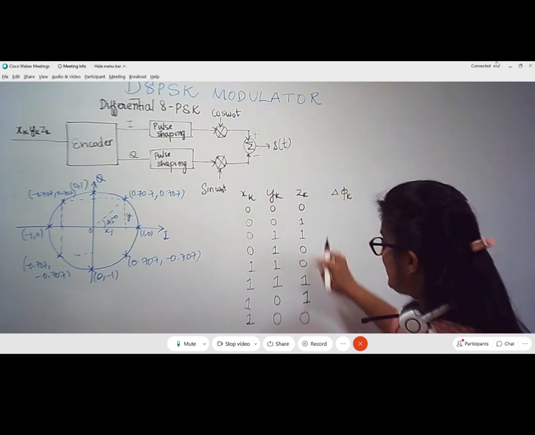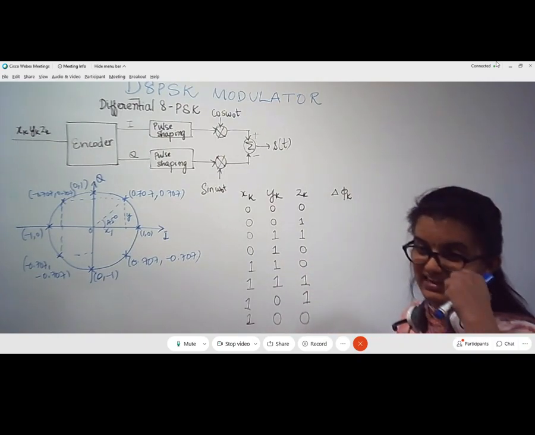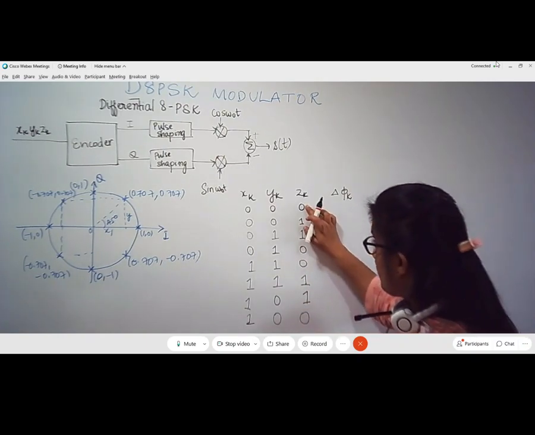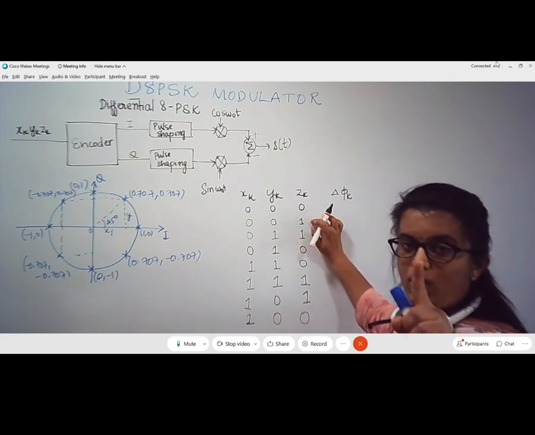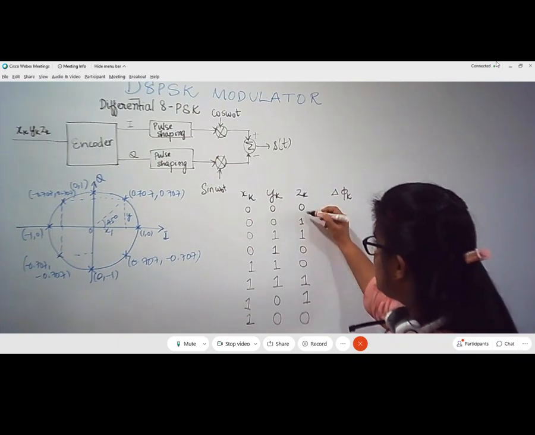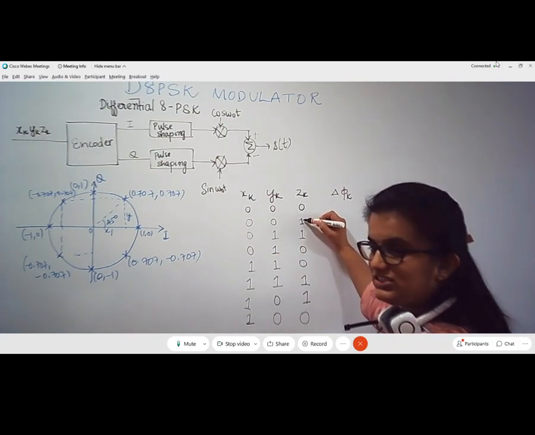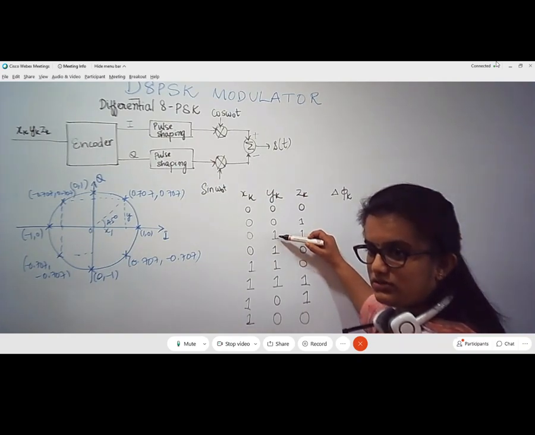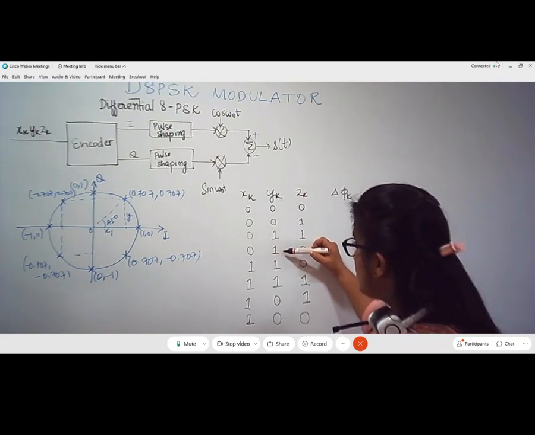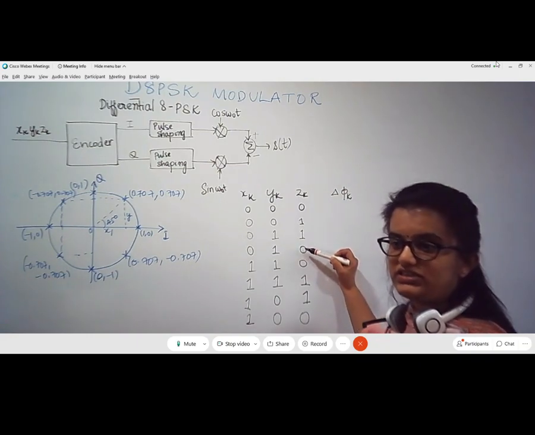So this method of coding is called gray coding. You can see that from one bit combination to the other, there is only one bit change. Here there is only the LSB changing. Here the middle bit is changing. When it comes to the fourth combination, again the LSB is changing.